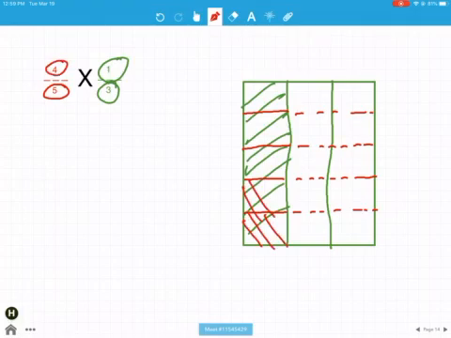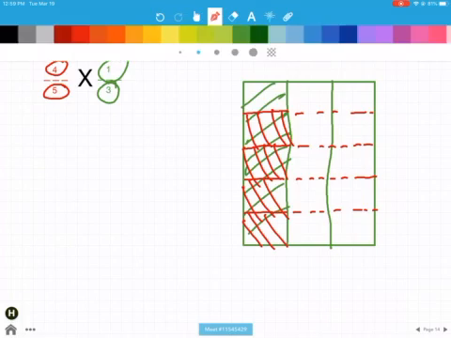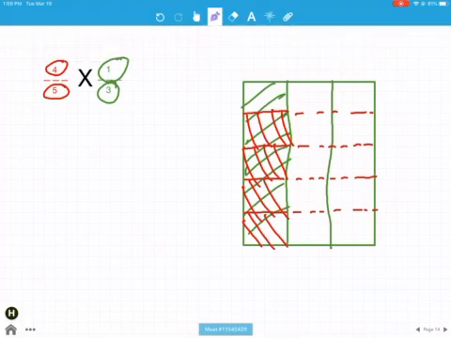Double hatch 4 of them. So now I have a total of 3, 6, 9, 12, 15. And out of those 15, I have 1, 2, 3, 4 shaded in.